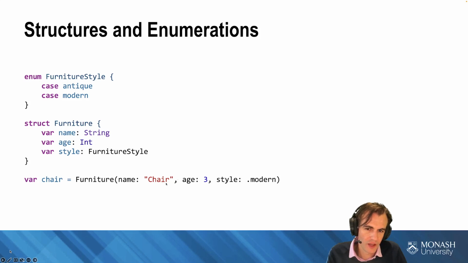We specify the name is chair, the age is 3, and the style is this type here. And the nice thing about Swift being a strongly typed language is as you're typing this, you can go dot and it will give you the choice between modern and antique, because it will know that style is of type furniture style, which is an enum which has these two cases.